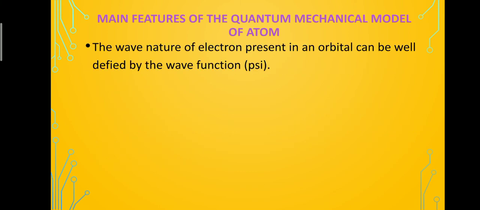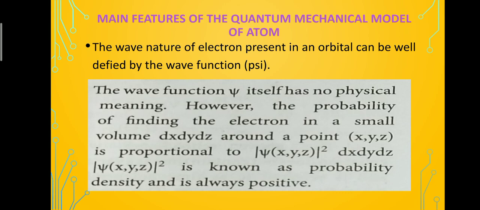And next one, the wave nature of an electron present in an orbital can be well defined by the wave function psi, and the psi denotes the wave nature of an electron, and the wave function psi by itself doesn't have any physical meaning.